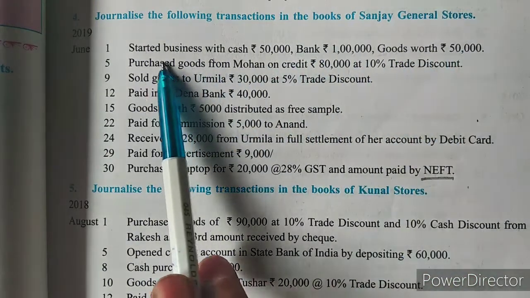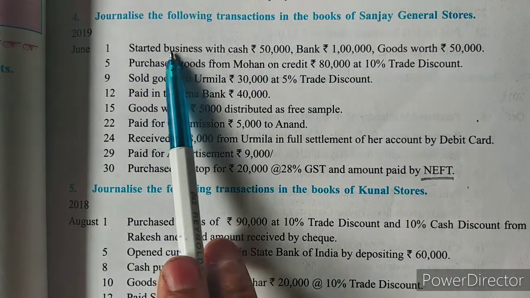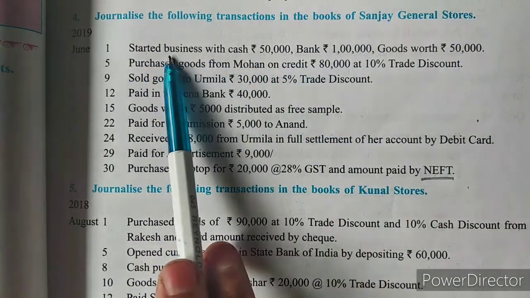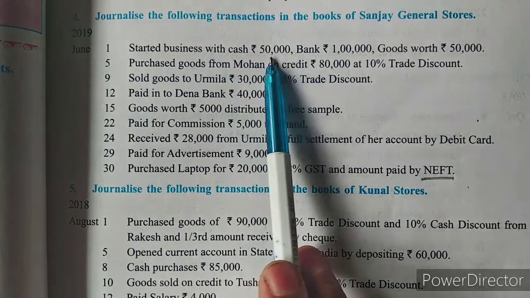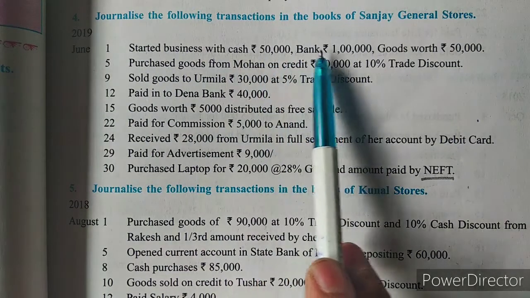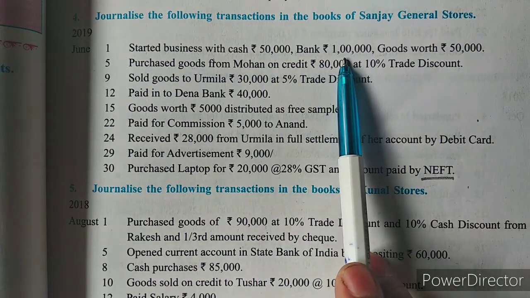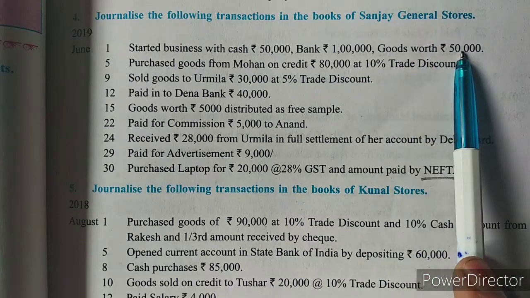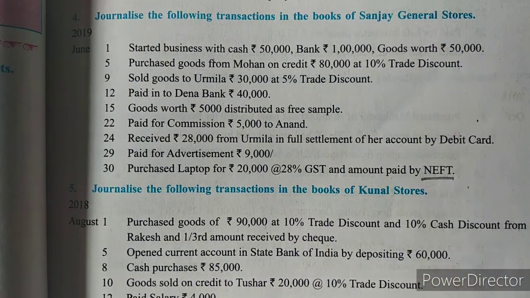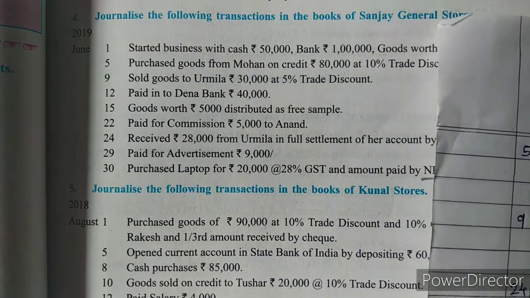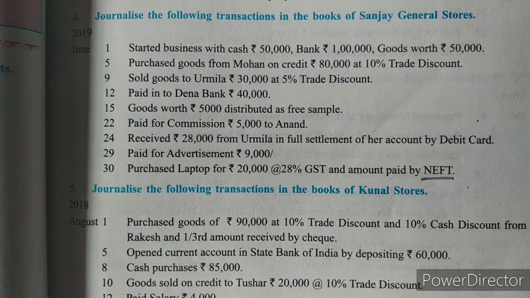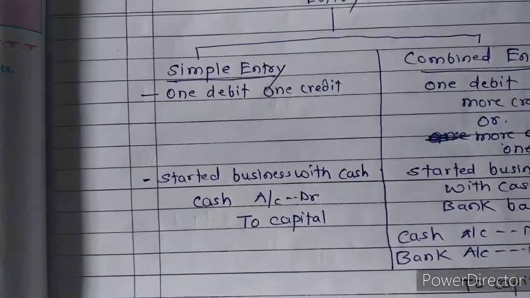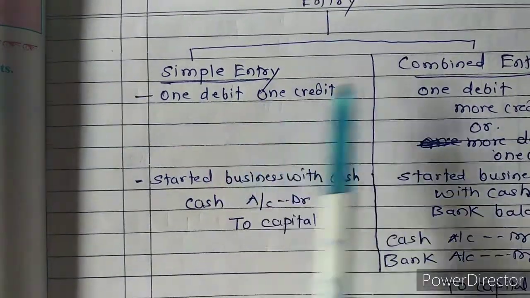Now see, this entry is a combined entry. Business is started with cash rupees 50,000, bank balance is 1 lakh and goods is of rupees 50,000. Now see, the entries are classified into simple entry and combined entry.